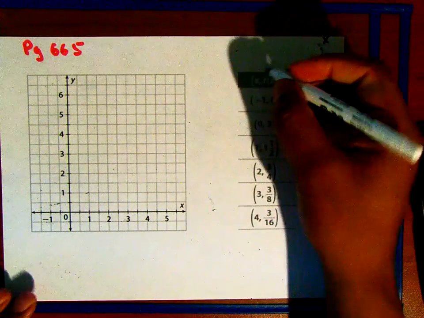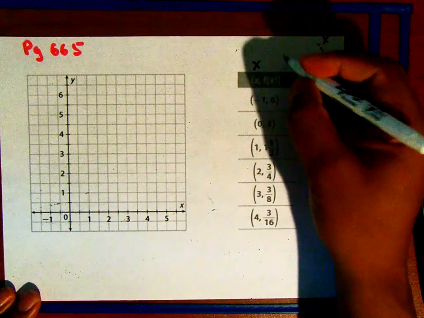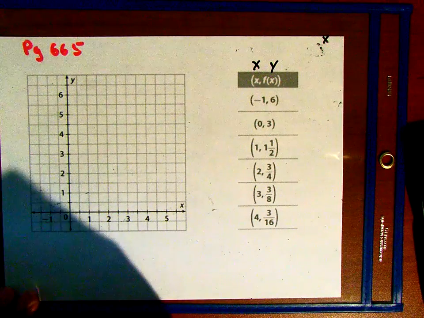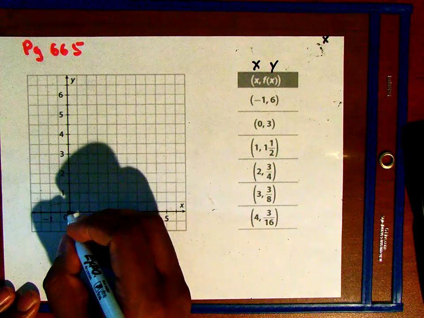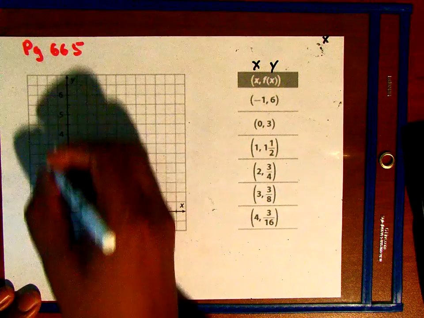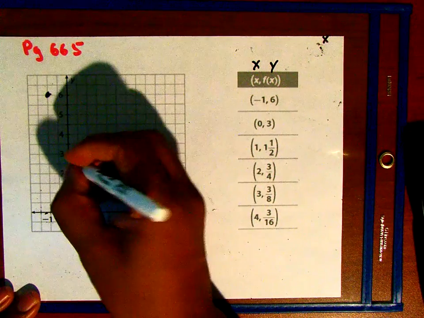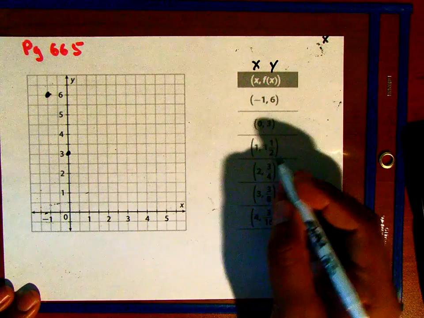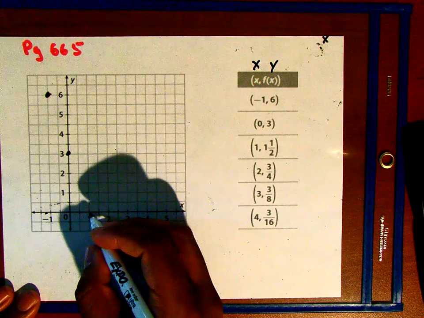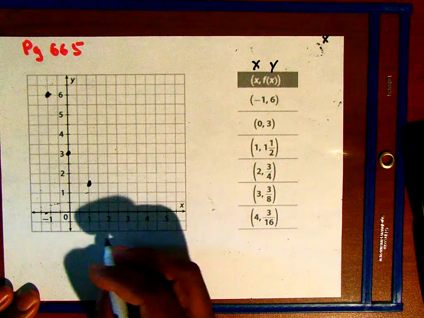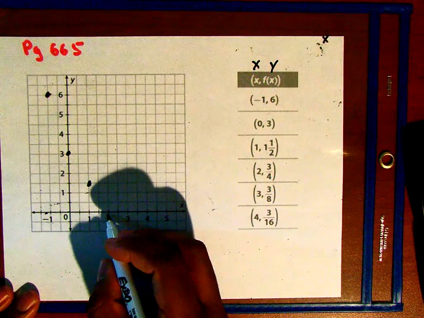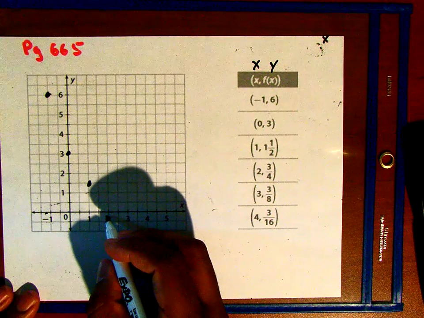So, you know, this is your x, and f of x is the same as your y. So you go to -1 and go up 6, go to 0 and go to 3, go to 1 and go up 1 1/2, go to 2 and go up 3/4.